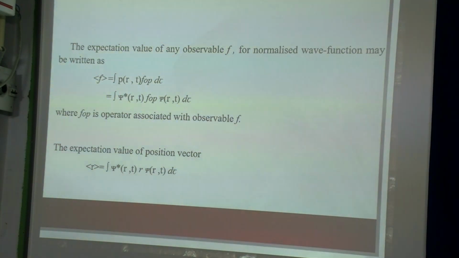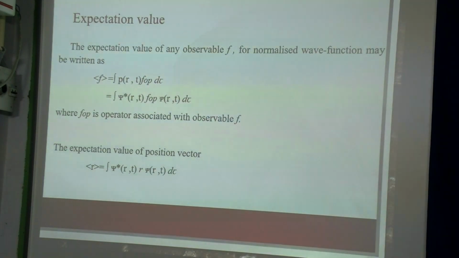By definition, the expectation value for any observable f for a normalized wave function may be written as f equal to integral P of r comma t f operator d tau, where P of r comma t is the probability of finding the particle at any instant of time in space, which is given by psi star psi. So instead of P of r comma t, let us substitute psi star of r comma t into psi of r comma t.